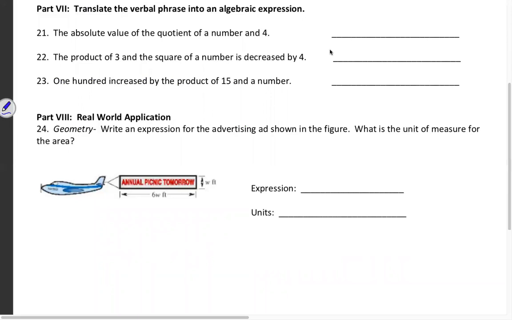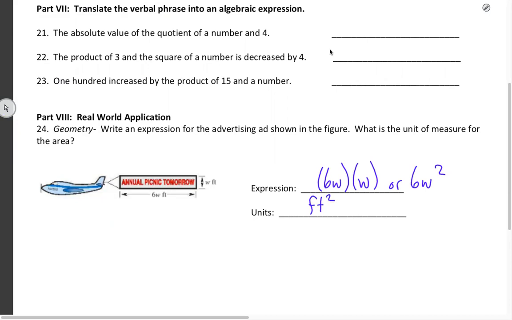Well, the area is length times width. So that's going to be 6w times w, or 6w squared. Both are okay. And now it says, what is the unit of measure for the area, and what are the units? So the units would be feet squared.